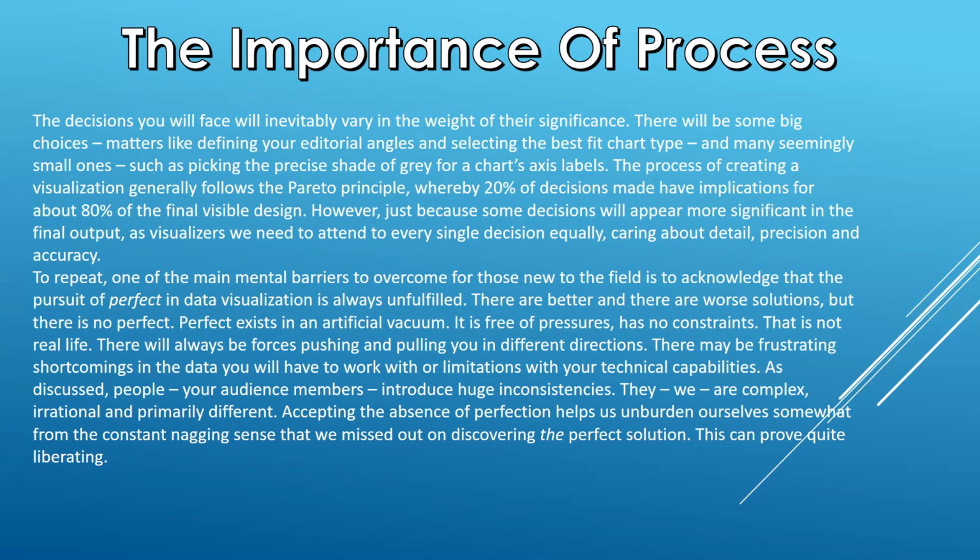And many seemingly small ones, such as picking the precise shade of gray for a chart's axis labels. The process of creating a visualization generally follows the Pareto principle, whereby 20% of decisions made have implications for about 80% of the final visible design.